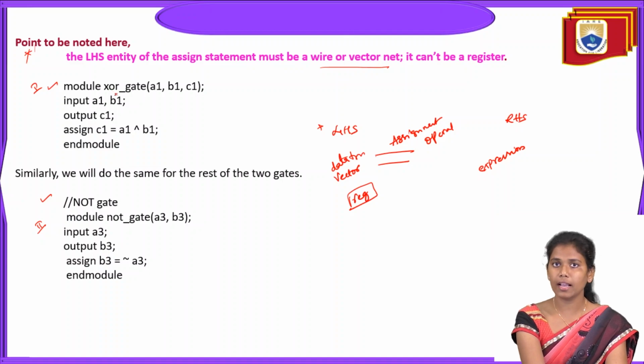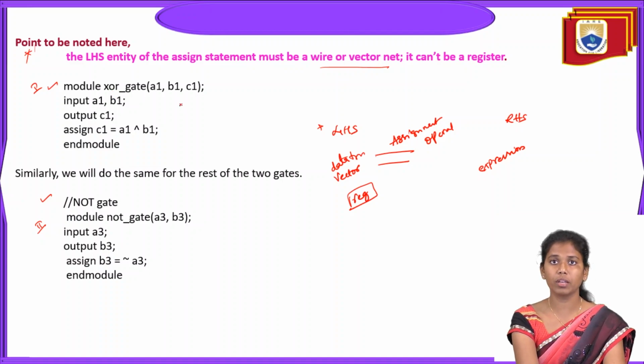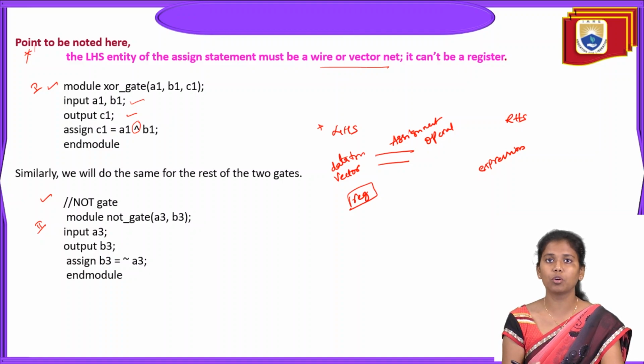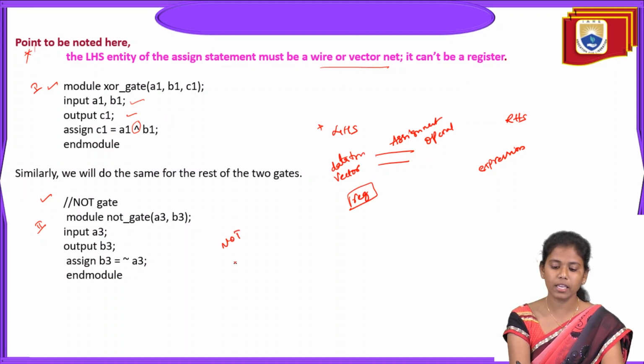As the XOR gate is the first gate, we know that A and B are the inputs and C is the output. Assign is a keyword we use for this structural level modeling. So assign C1 is A XOR B, and then end module. Similarly, we write our code for the NOT gate as well as the AND gate.